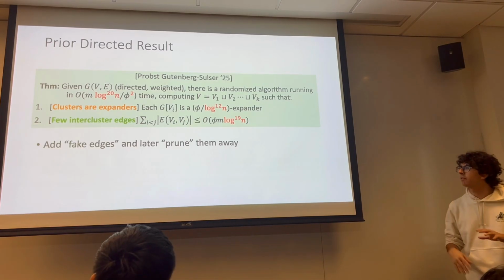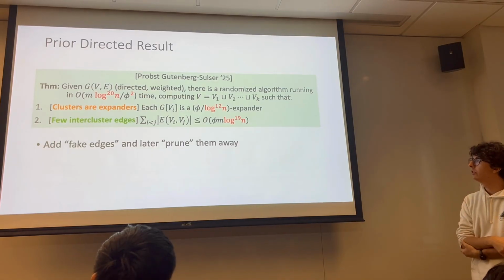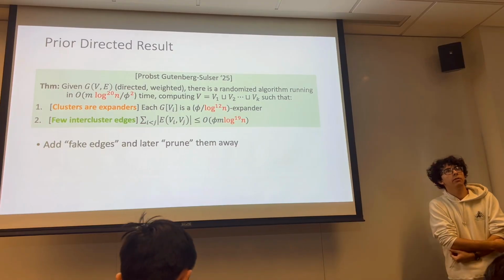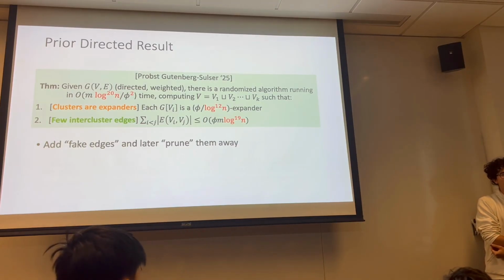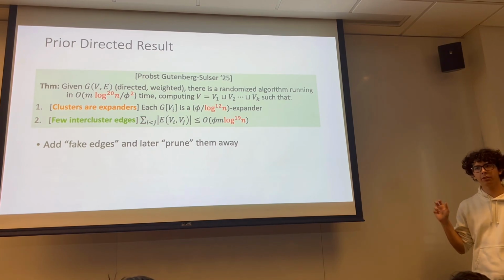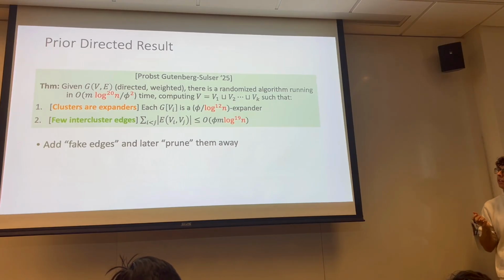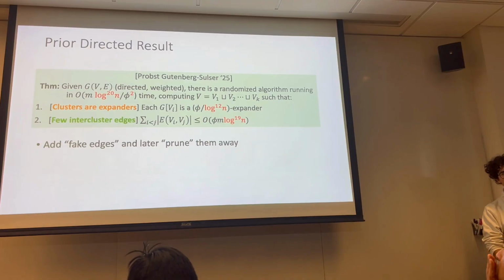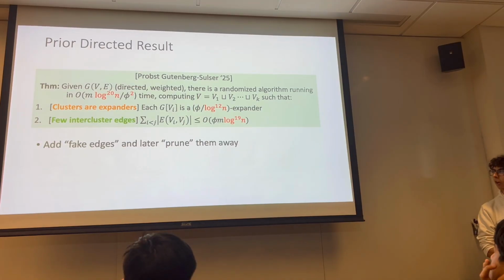At a very high level, this algorithm is a reduction from the directed setting to the undirected setting. You add fake edges to your graph to pretend it's undirected, and then later you prune them away to make it back into a real directed expander decomposition.